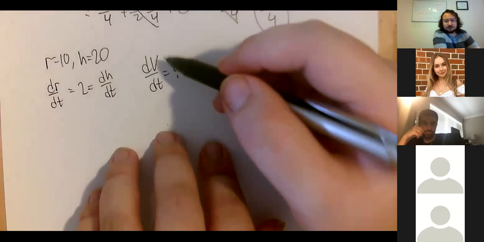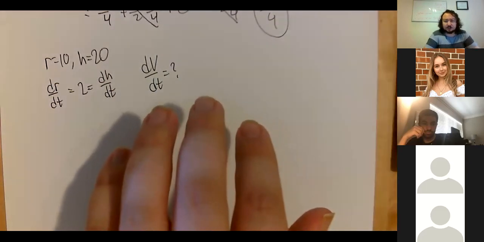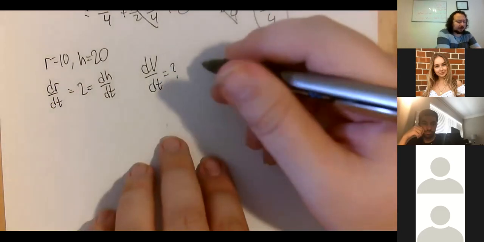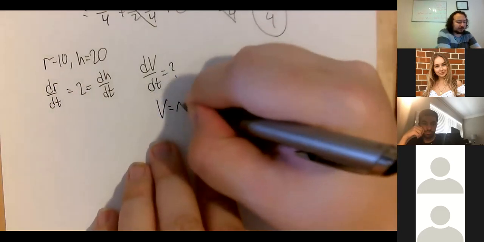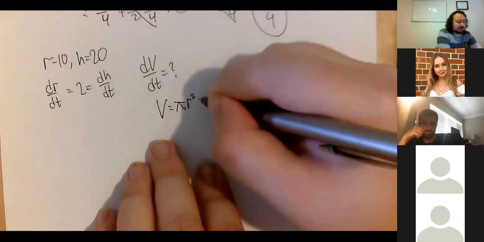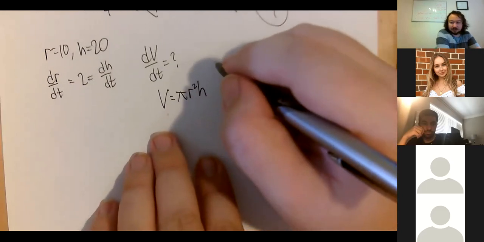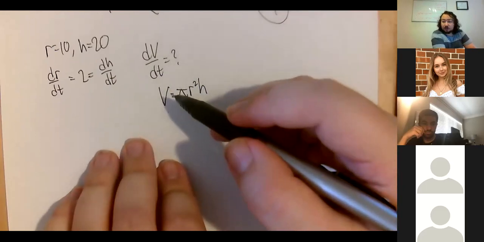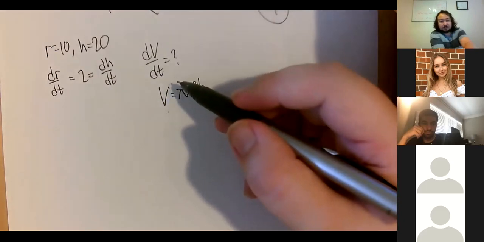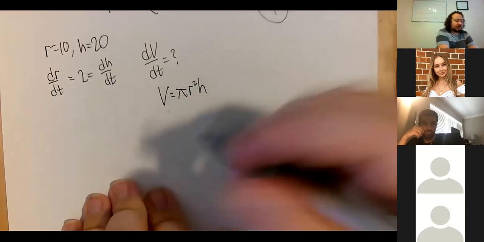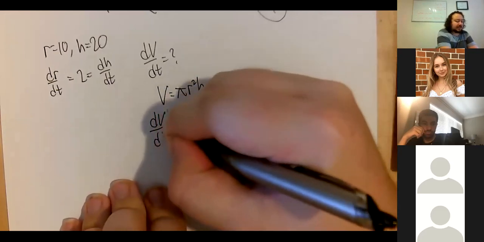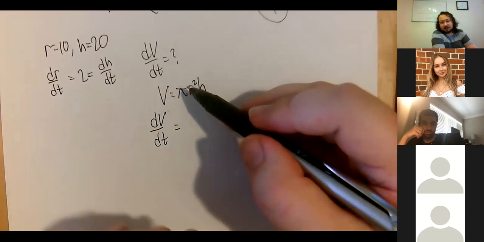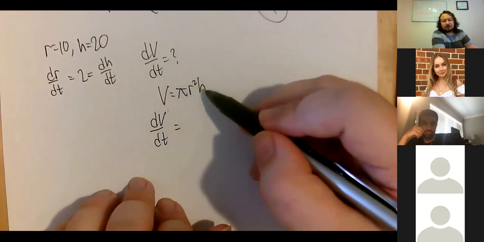Well, if we want to know something about the volume, we know that V is equal to pi r squared h. But I'm interested in the derivative of my volume, so I need to take the derivative of this. That means dV/dt. Now pi is a constant, so I don't need to worry about that, but I am going to have to use the product rule.